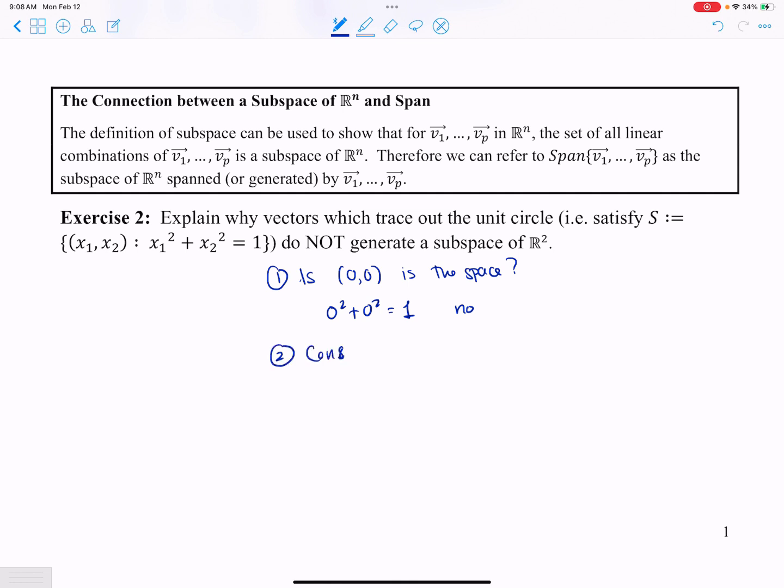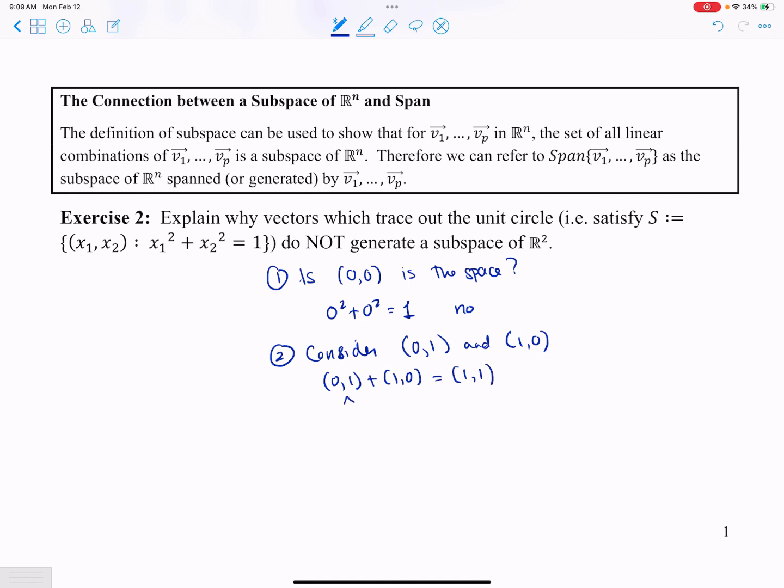For the second property, consider the point (0, 1) and the point (1, 0). Notice both of those are in the space. But when we add the two, we get (1, 1).